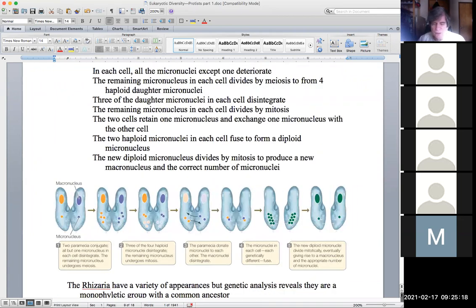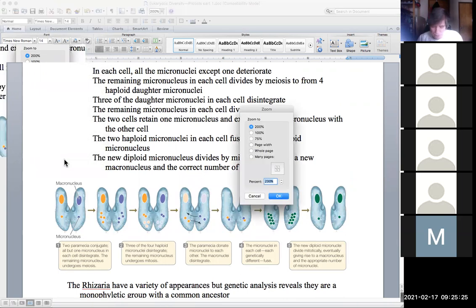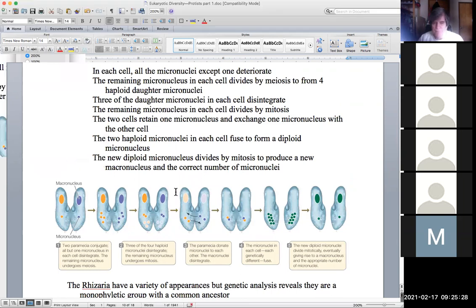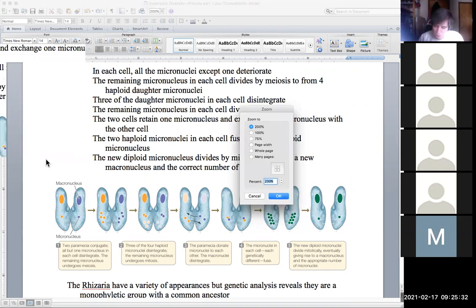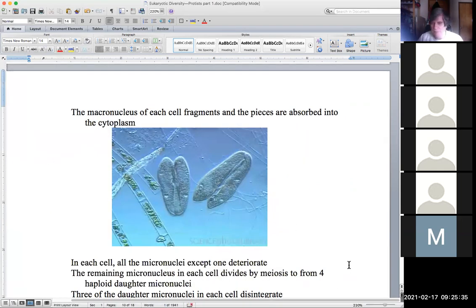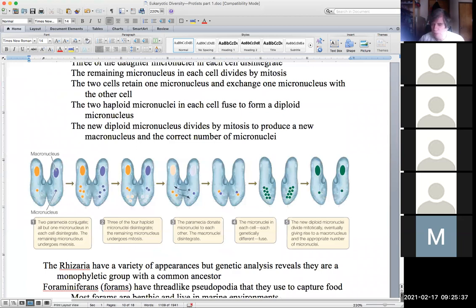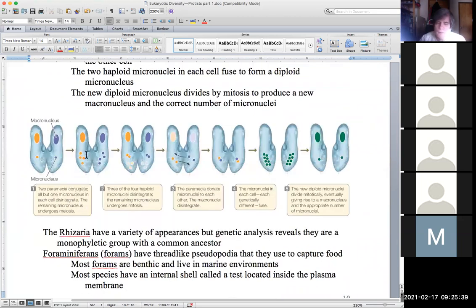So let's look at this process, and I'm going to magnify this a little bit. We have our nuclei shown in purple, and the macronucleus is up on the top. The micronuclei are down on the bottom.